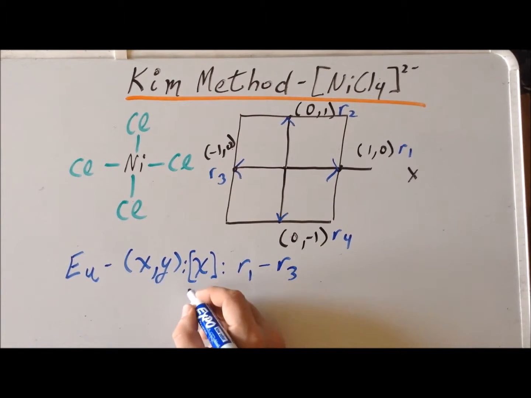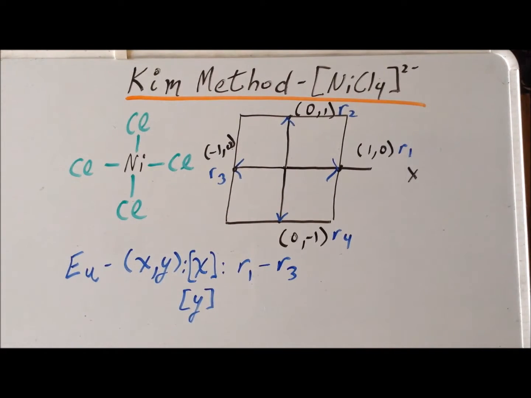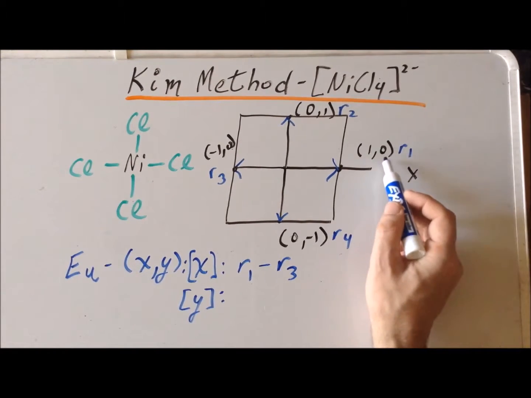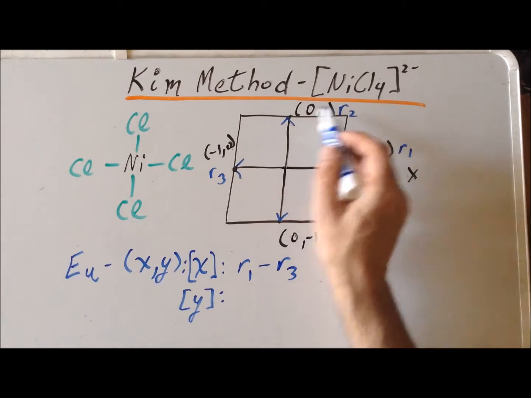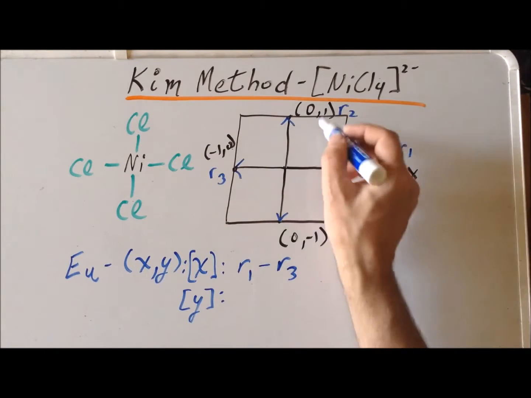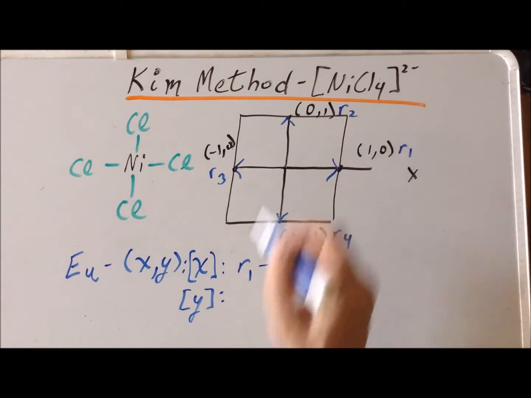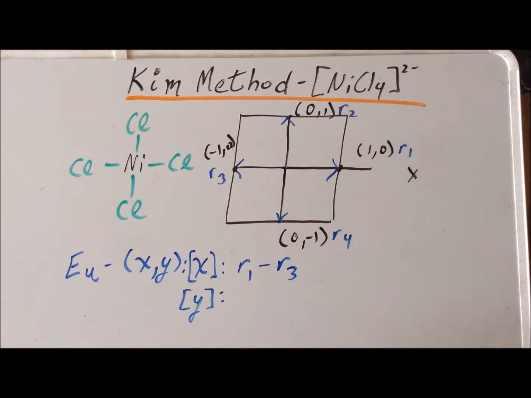Secondly, we look at the other member of the pair, which is the y basis function. So now we look at the y coordinate. So for R1, the y coordinate is 0. Therefore, the coefficient of R1 is also 0. For R2, the coefficient is going to be equal to 1 because the value of y is 1 for that particular point. So that gives us R2.